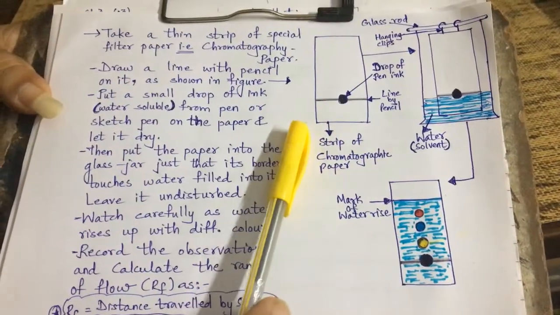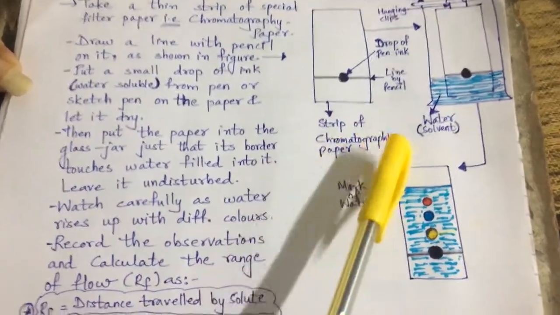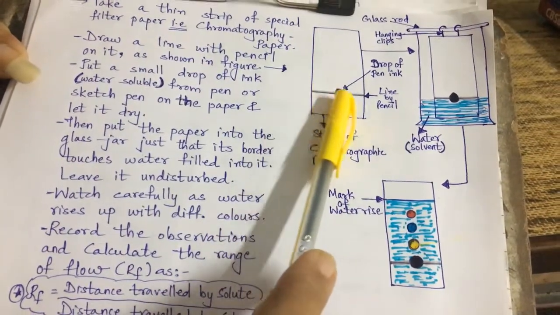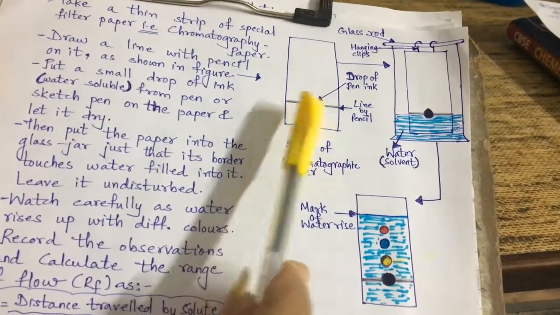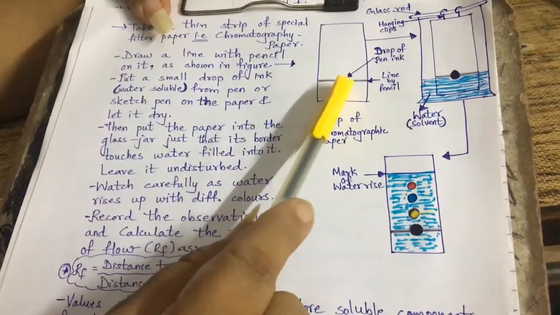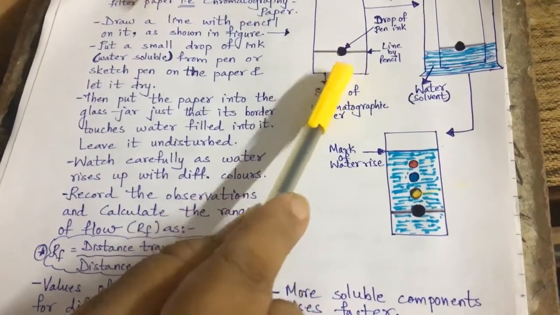For the chromatographic method, we need one strip of chromatographic paper. On it we have to draw a line with a pencil, which is considered as a marked line, and on it a drop of ink from a pen or a sketch pen is to be placed, and we need to let it dry.